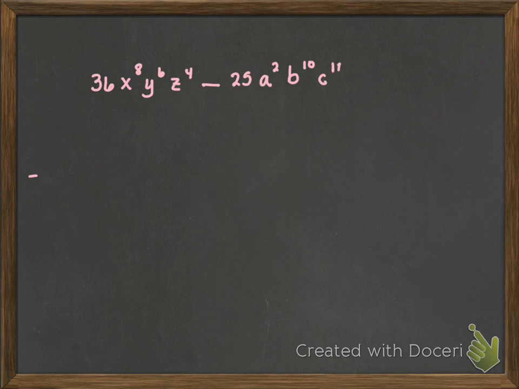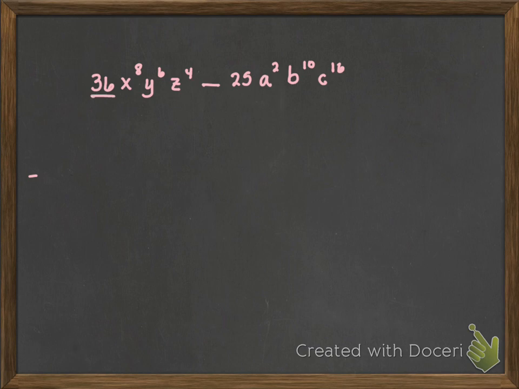For example, one problem we might have would be, say, 36 x to the 8th, y to the 6th, z to the 4th, minus 25 a to the 2nd, b to the 10th, and c to the 16th. Yikes. Okay, again, we're going to look and see about these perfect squares before we decide that this is a pattern.